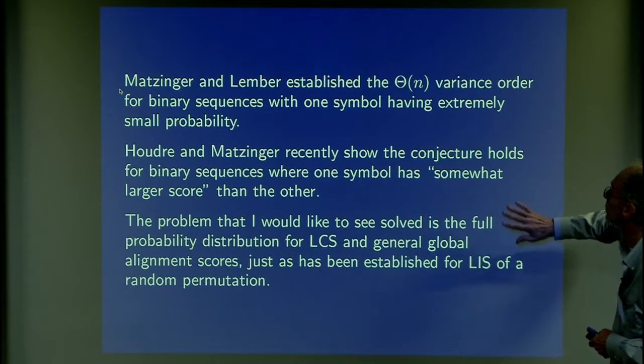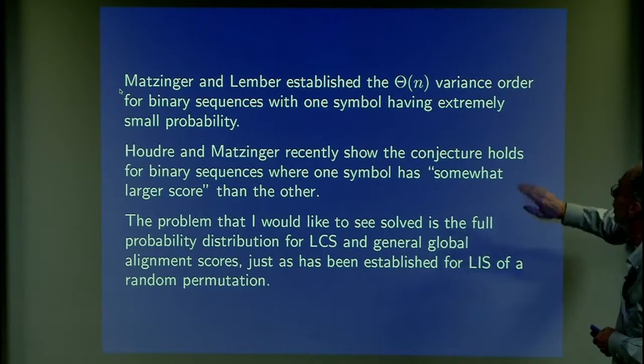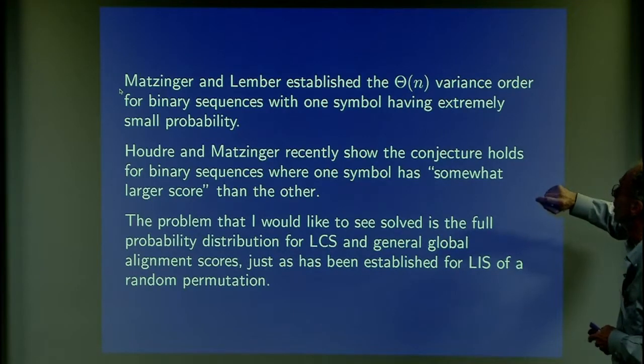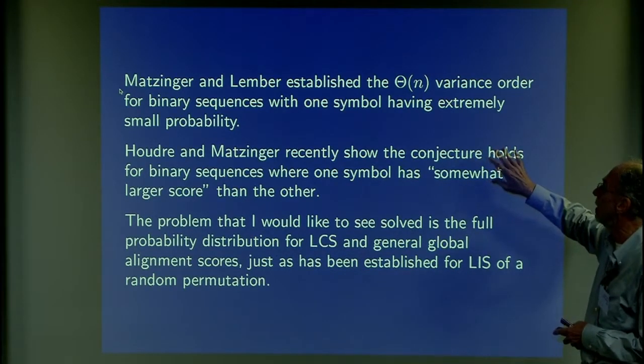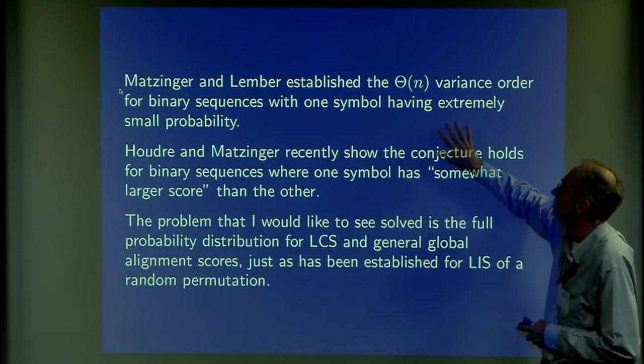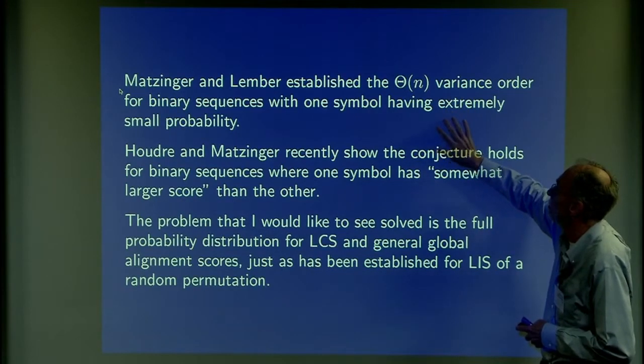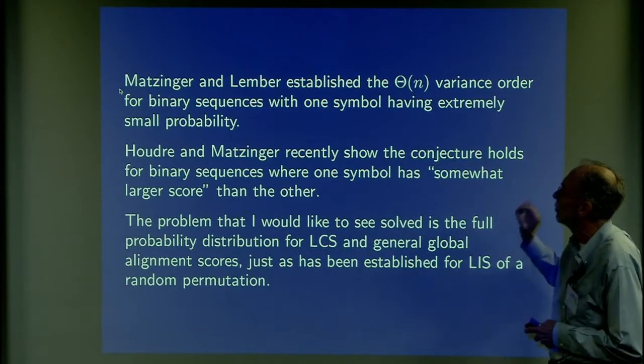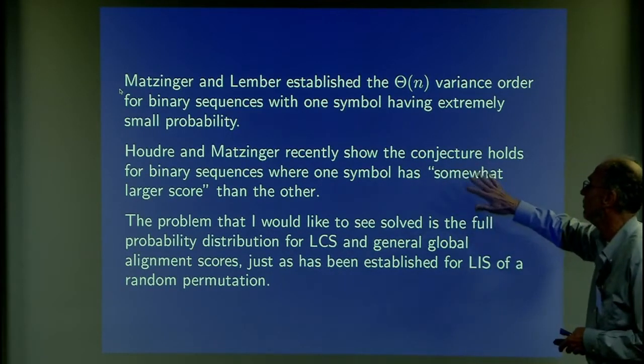A couple of papers have shown this variance proportional to n, but they're fairly contrived sequences. Their first example had one symbol with extremely small probability of the two symbols, and they've increased this a little bit.